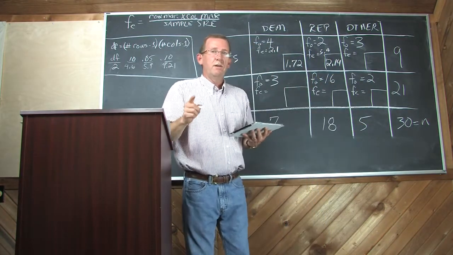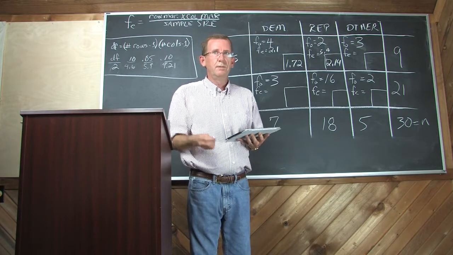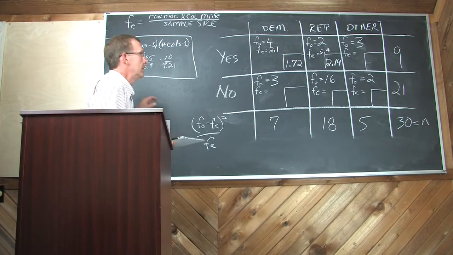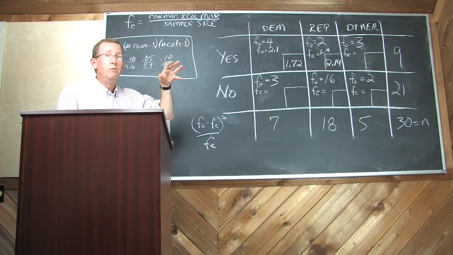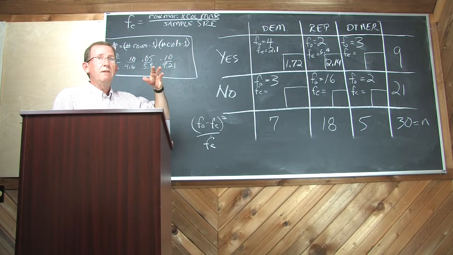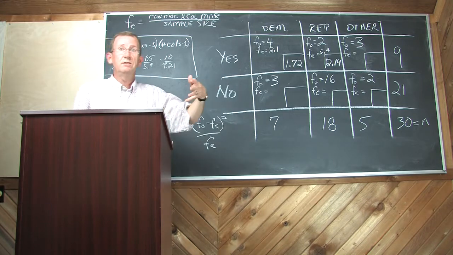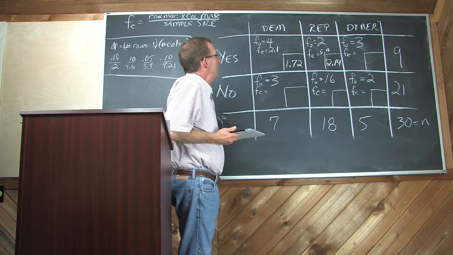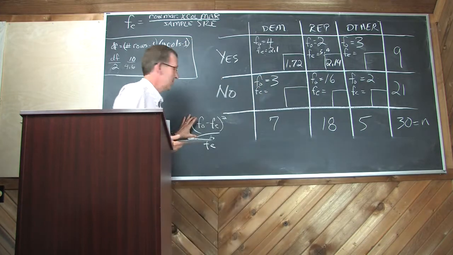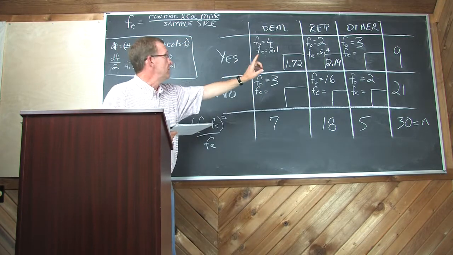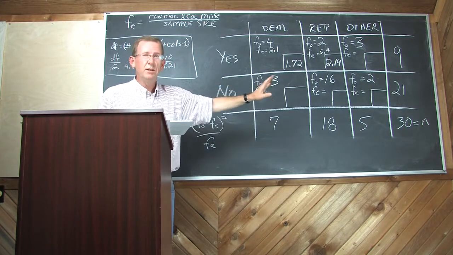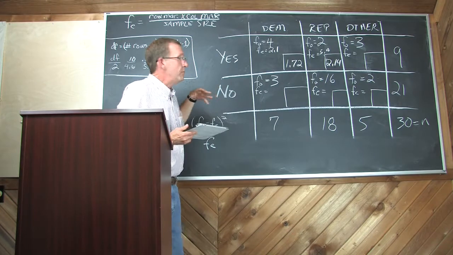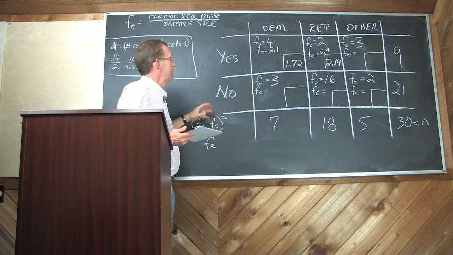You've already seen a chi-square problem. It was 2 by 2. This one's 2 by 3, and the significance of 2 by 3 is more degrees of freedom. You're going to have a larger chi-square to say that this one's statistically significant, if you're willing to say that. But as you calculate this value across, you can get a sense already that this one is probably going to be statistically significant by the conventional standards that we make fun of.